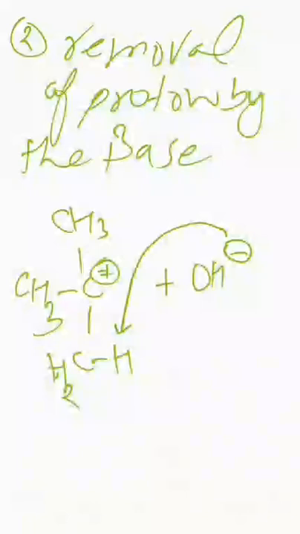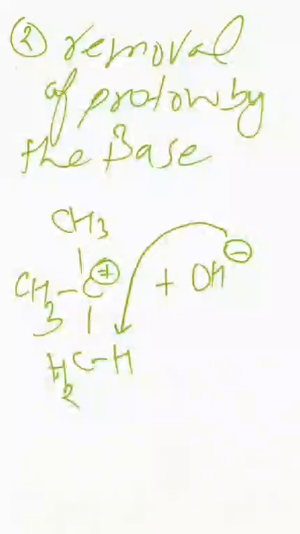This base already has excess of electrons, so it does not require any electrons, it only needs a proton. So it simply attacks the beta hydrogen on this carbocation and gets the proton from there.